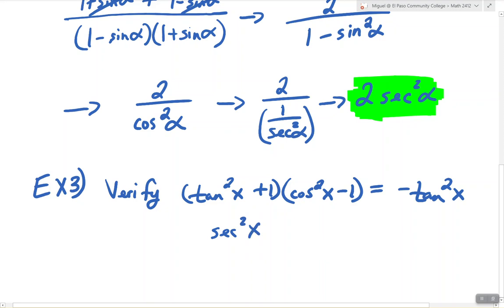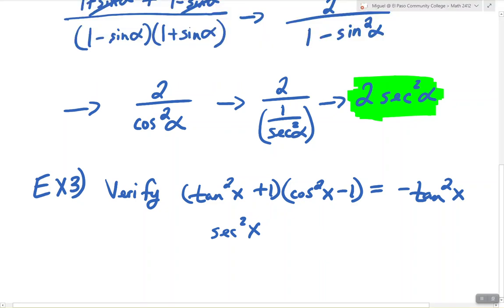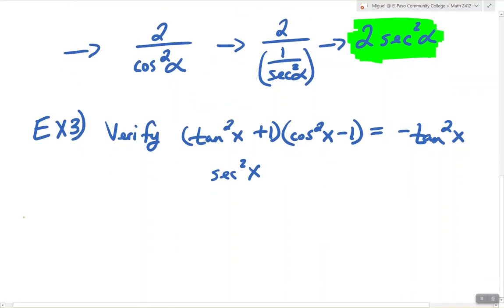And then cosine squared minus 1 becomes... we write this one on the side here. We know that cosine squared plus sine squared equals 1.